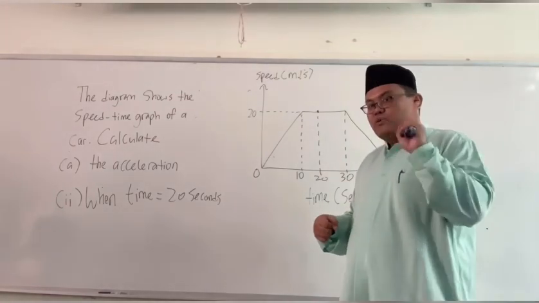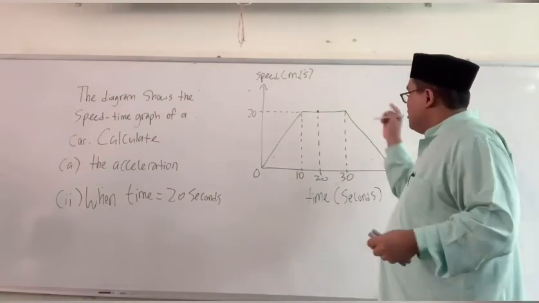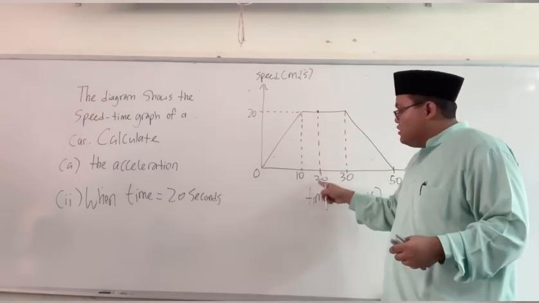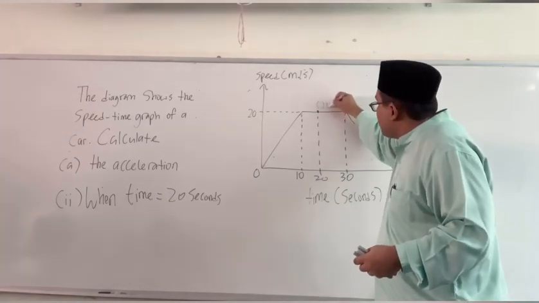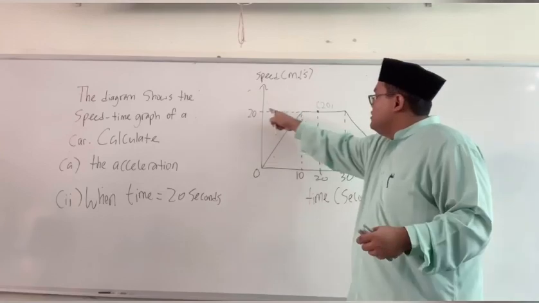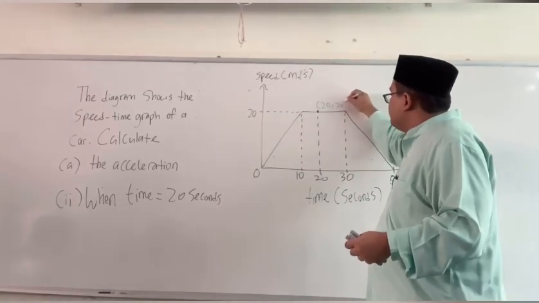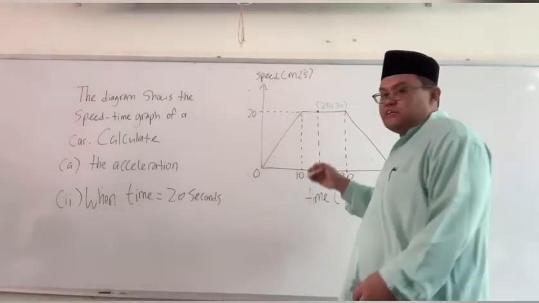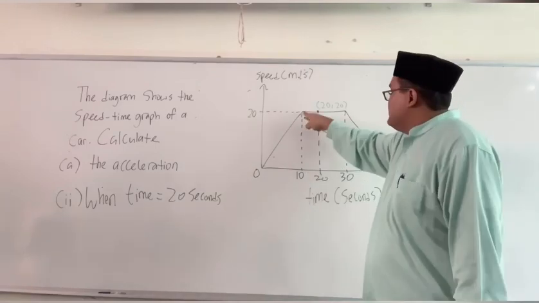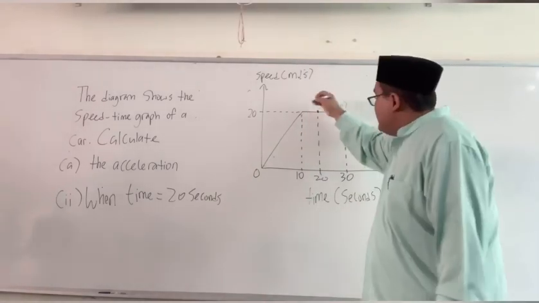As before, we require 2 points. We can use this point because I know the x coordinate 20 and I know the y coordinate 20. Let's choose another point. We can choose this one or this one. So let us choose this one.